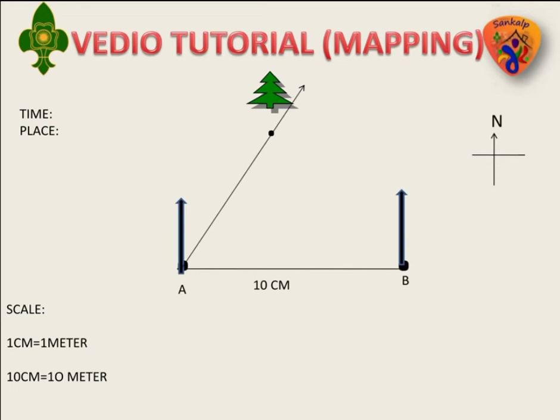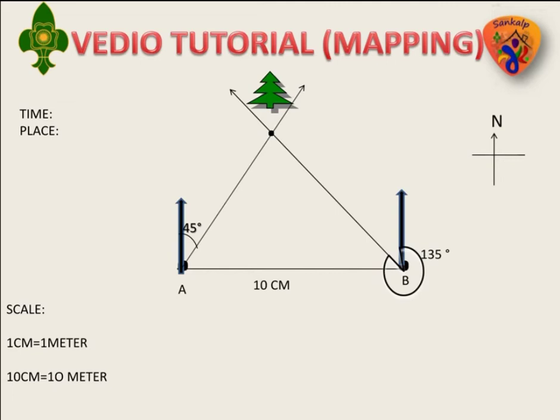The inner angle is about 45 degrees. From B also you can draw a straight line, and you will mention it is a 135 degree angle. So the triangle has formed like this by considering the various points.